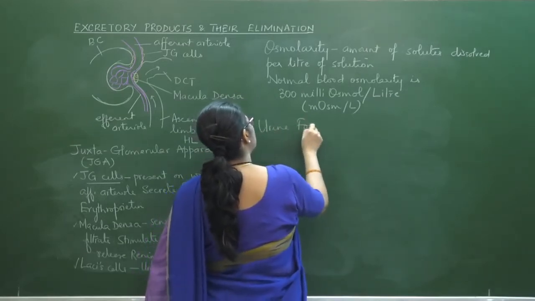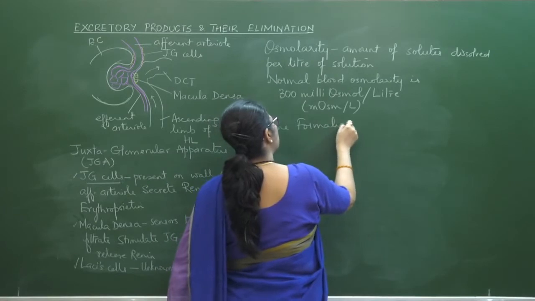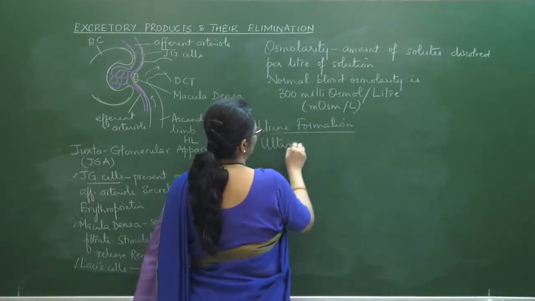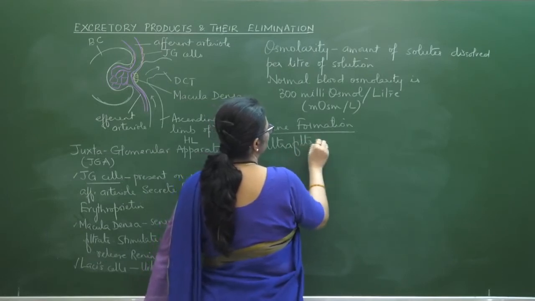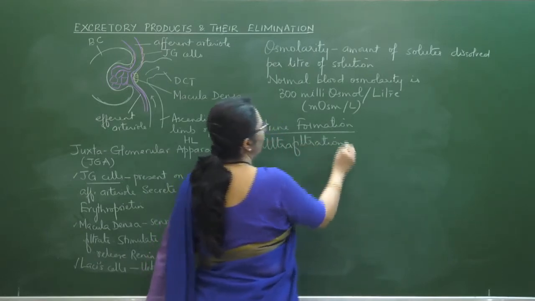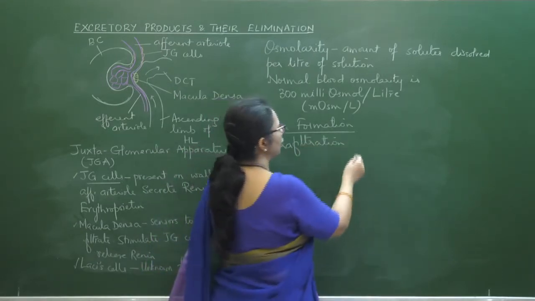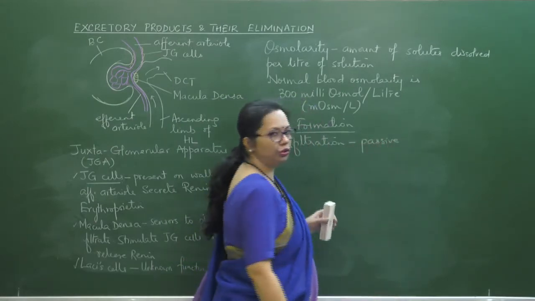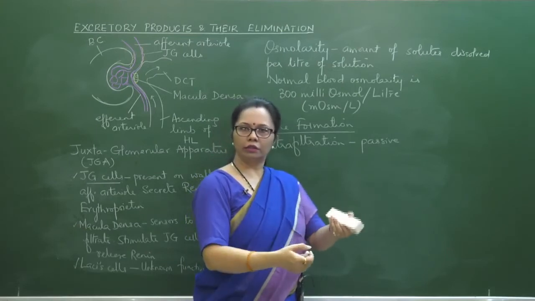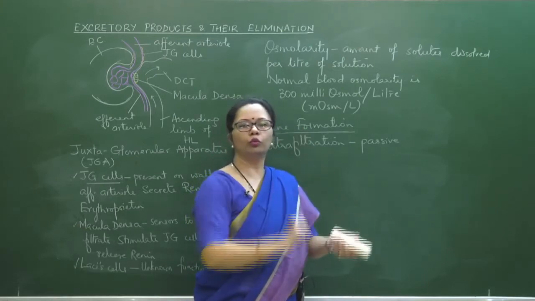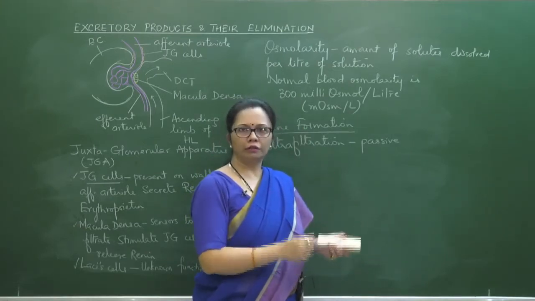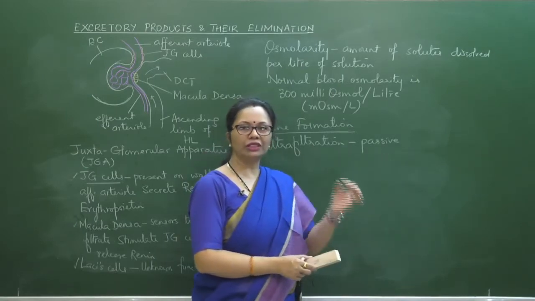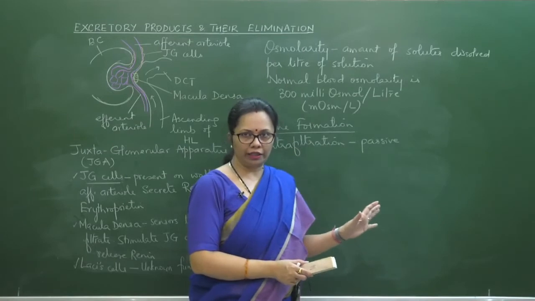Coming to urine formation, starting with ultrafiltration. Ultrafiltration is a totally passive process. No energy is used here. Just like you use a sieve at home to filter tea or anything, it is passive and non-selective.